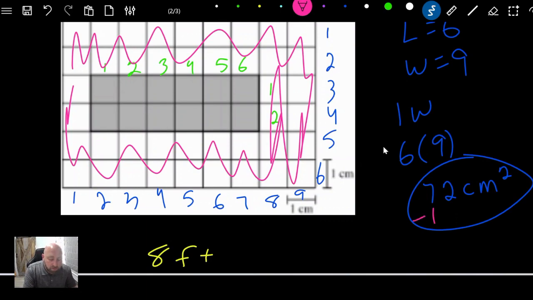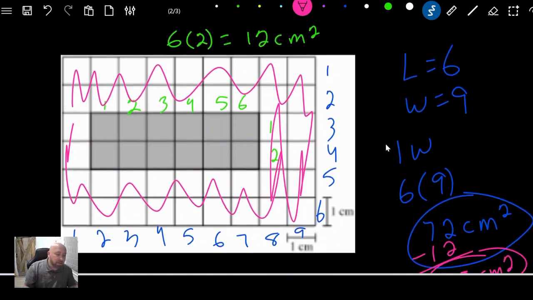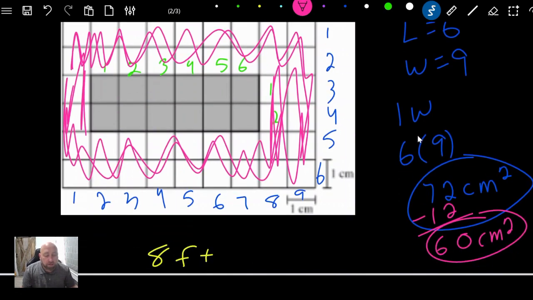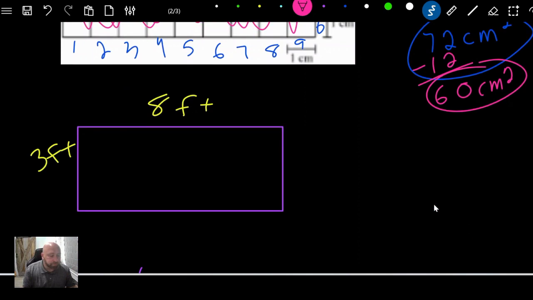So I would just subtract 12 right here, and I would get 60 centimeters squared. So the area of just this white non-shaded part would be 60 centimeters squared. So we can do some cool things there with just some simple subtraction to find the area of just the shaded part or just the unshaded part, depending on what you're looking for.